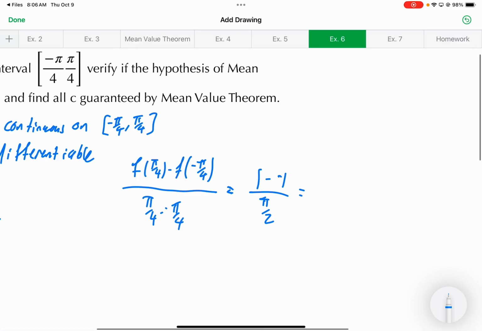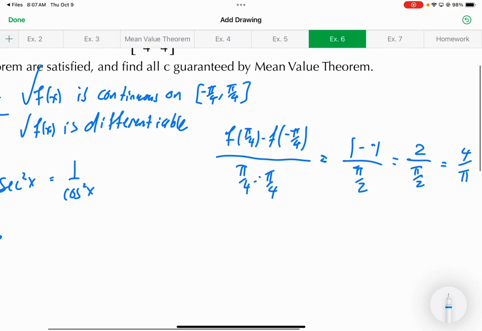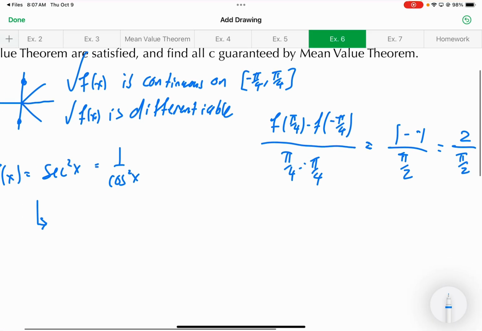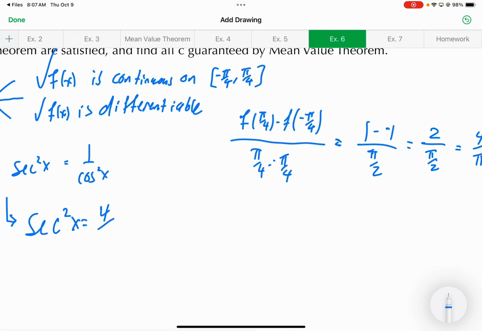Which gives me 2 over pi over 2, which is 4 over pi. Well, that's great. That's not a value on our unit circle, is it? Not one we're familiar with. It's on there, but, you know. Okay, so then in that case, I need to take my derivative, secant squared, and I need to set it equal to 4 over pi.